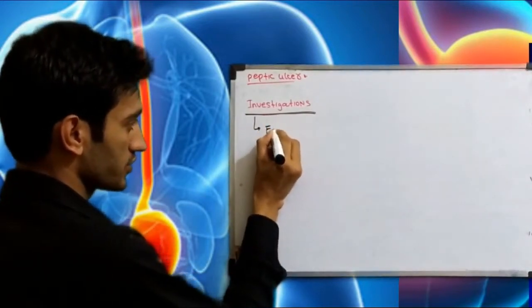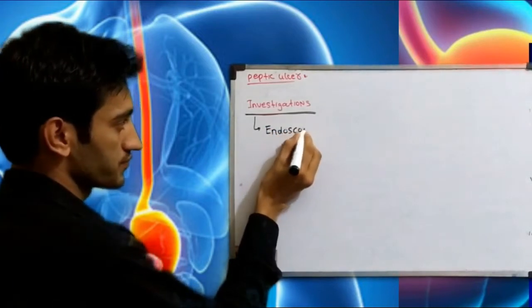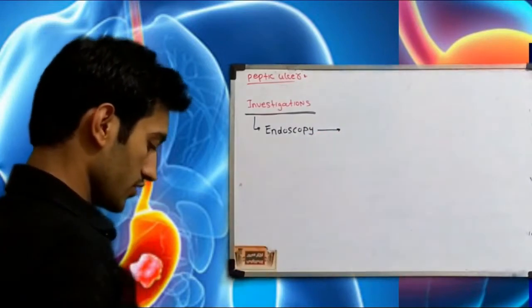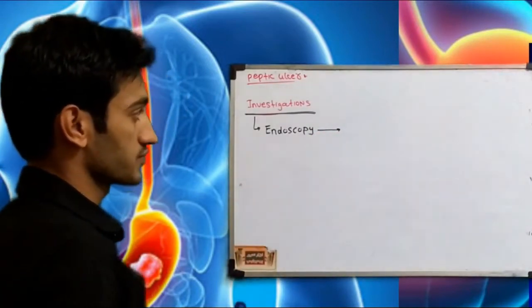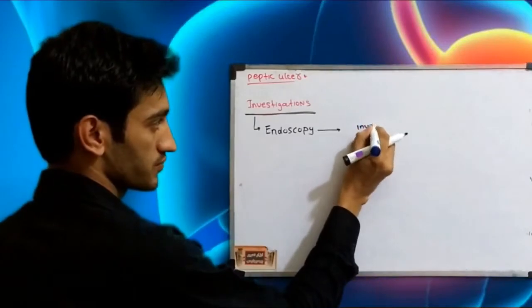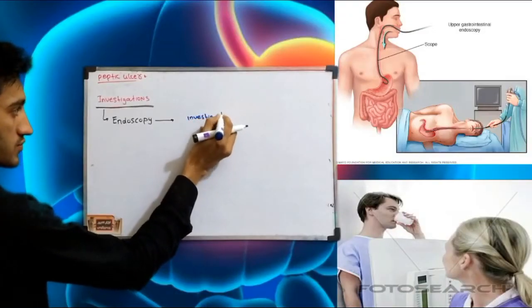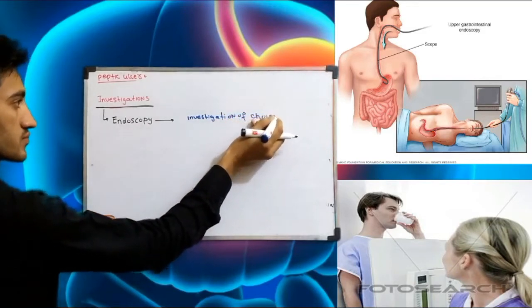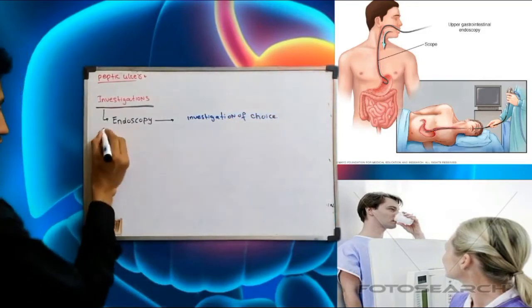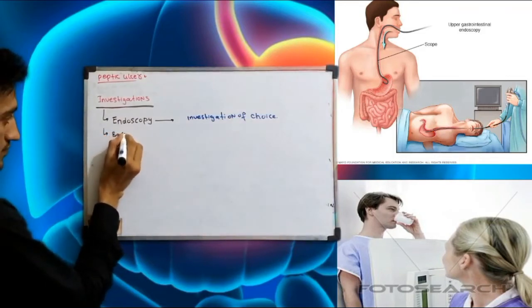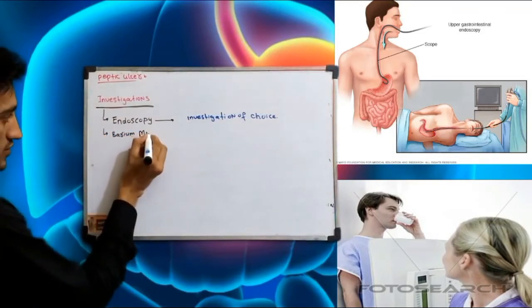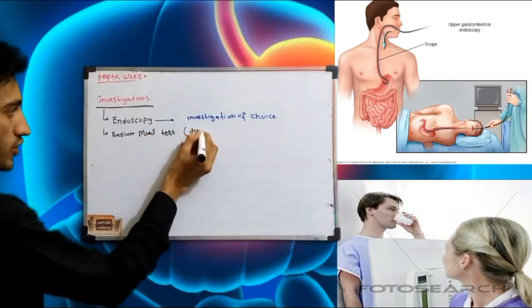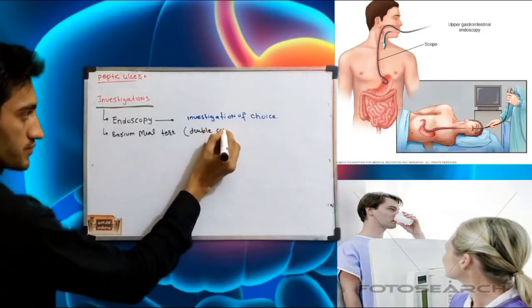A very important one is endoscopy. Endoscopy is the investigation of choice. Another test used is barium meal test, in which the double contrast technique is used.